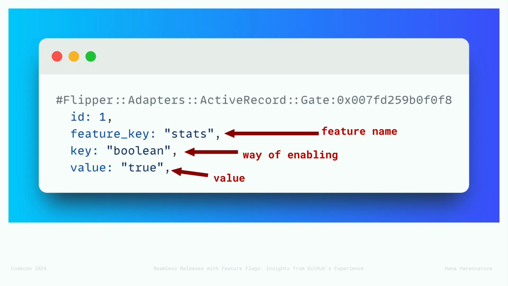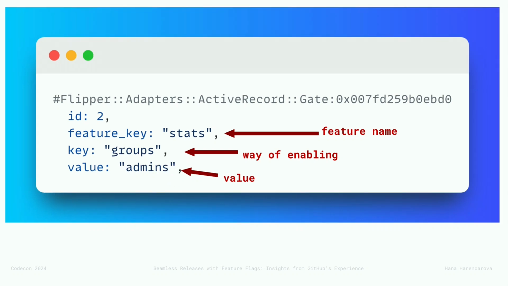When we look at the object, this is the object of the Flipper gate, we see that the feature key is the name of the feature. The Boolean is the way we enable it, and then the value, in this case for the Boolean, is true or false. Then we have a different gate for groups, right? So the key is groups, and the value is again the name of the group for which we want to enable it.